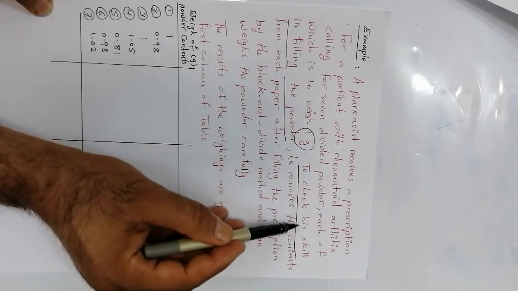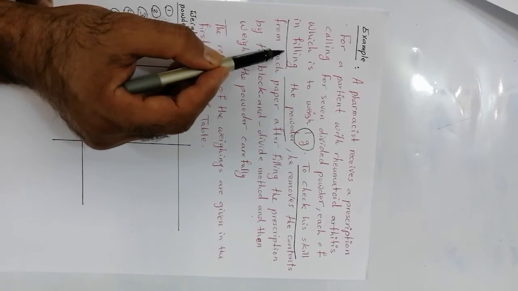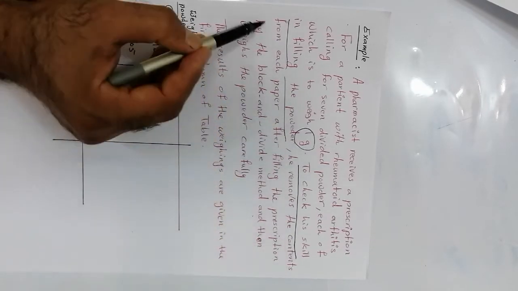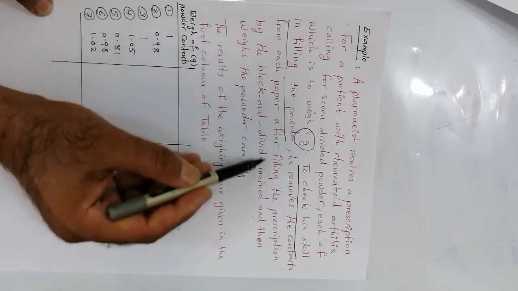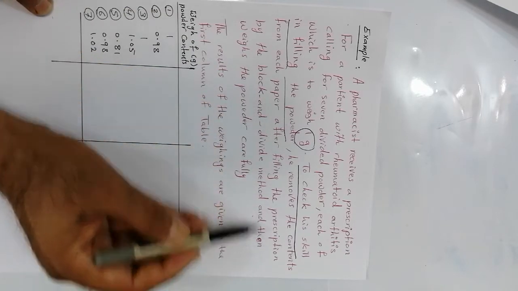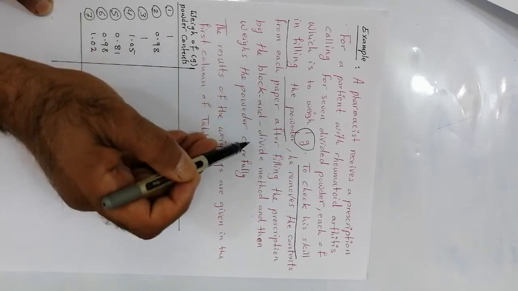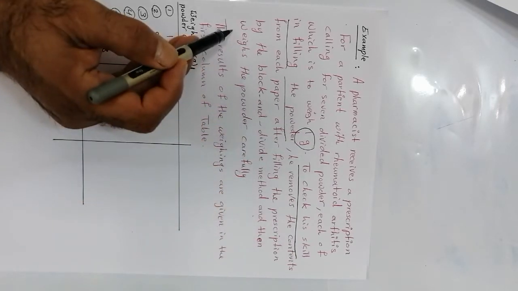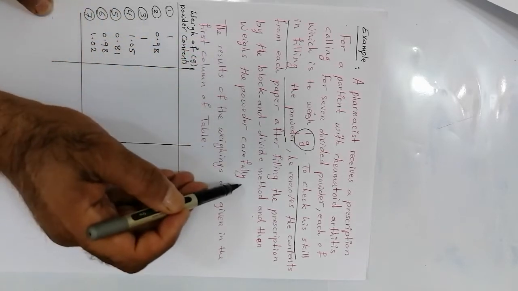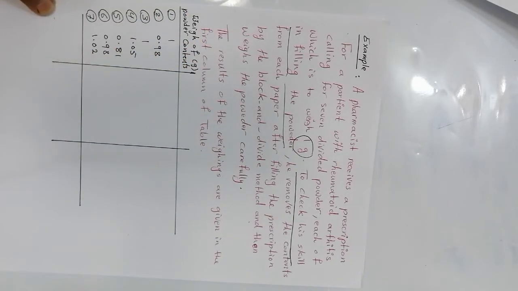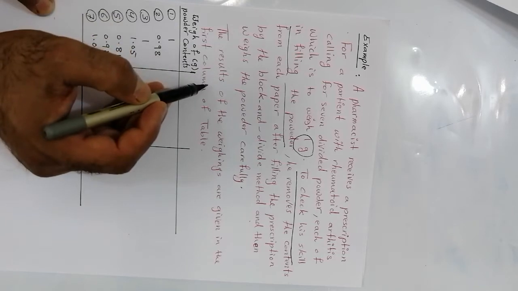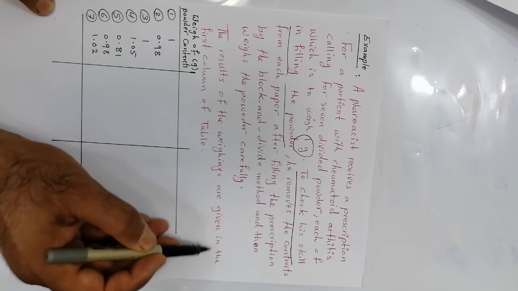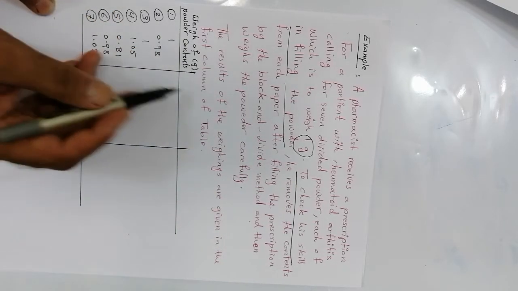To check his skill in filling the powders, he removes the contents from each paper after filling the prescription by the block and divide method, and then weighs the powder carefully. The results of the weighing are given in the first column of the table.